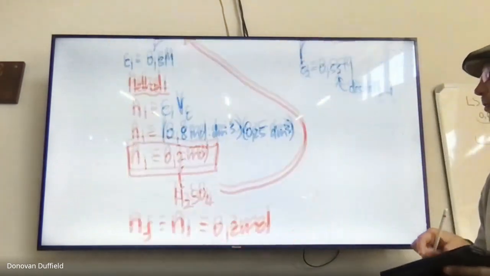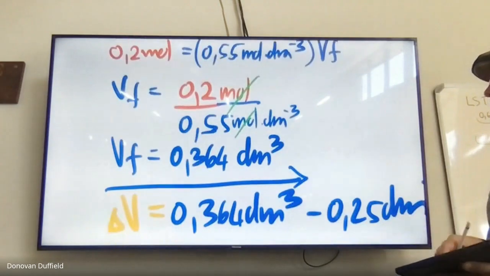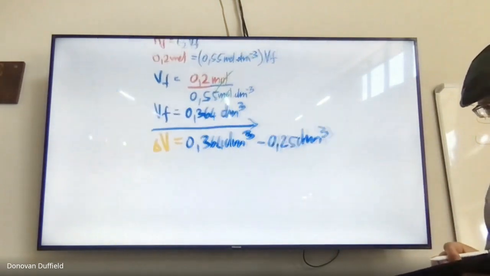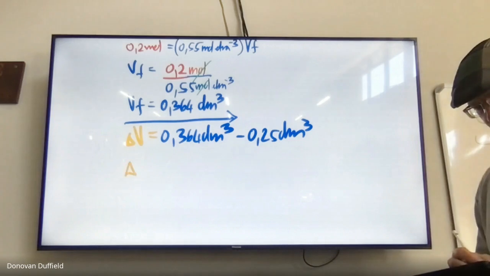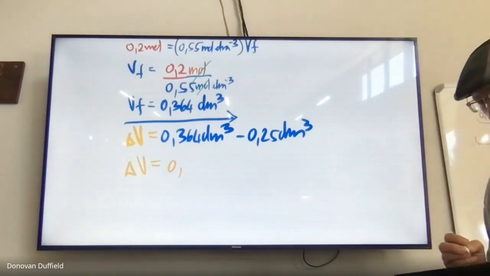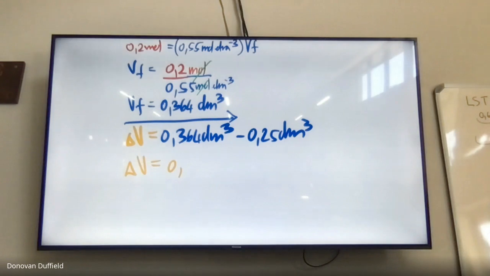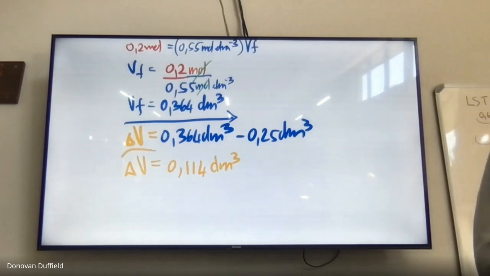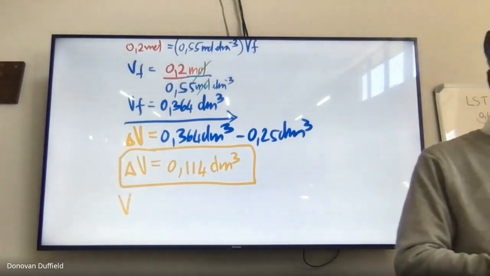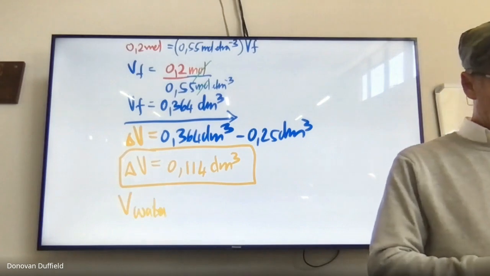And so the volume added, delta V, is going to be 0.364 minus 0.25, and we get 0.114 cubic decimeters. And that is the volume of water added.